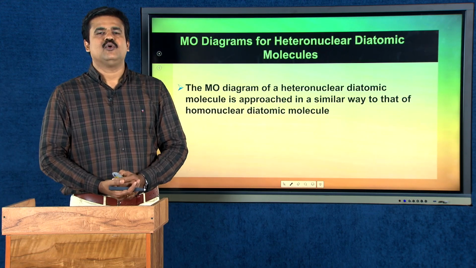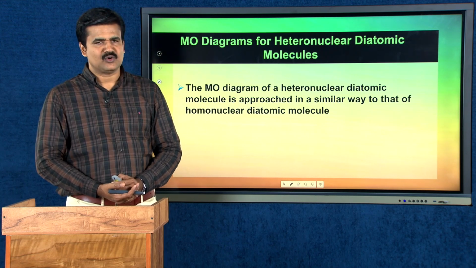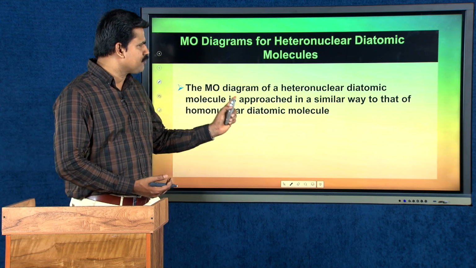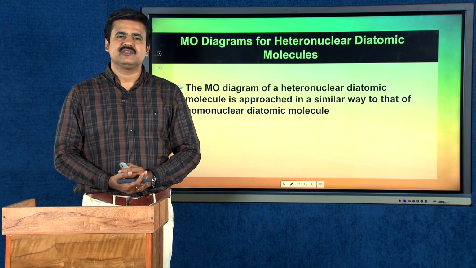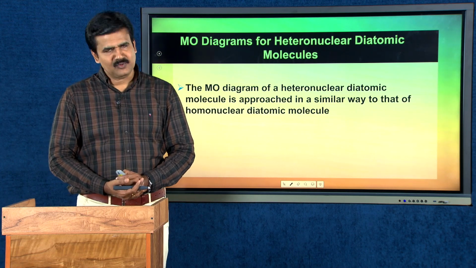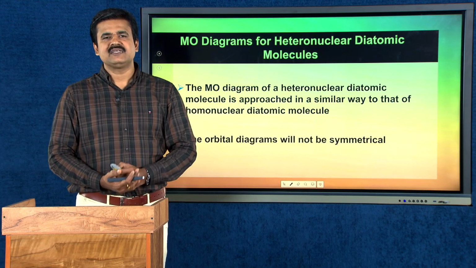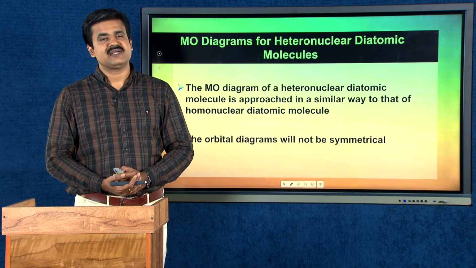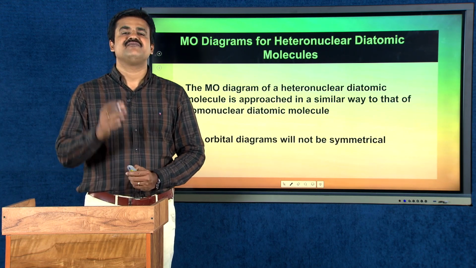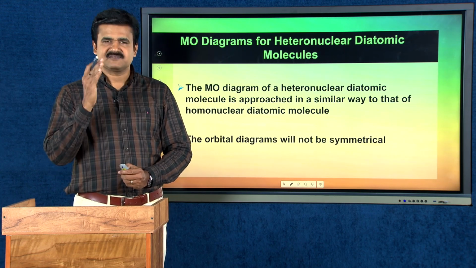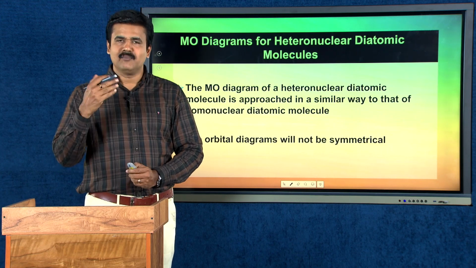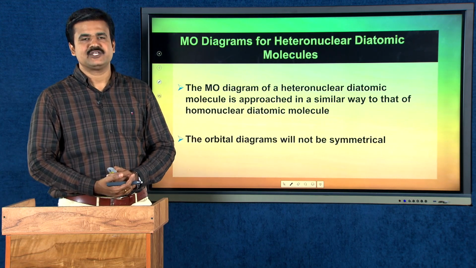The MO diagram of a heteronuclear diatomic molecule is approached in a similar way to that of homonuclear diatomic molecules. The orbital diagrams will not be symmetrical in this case. It is a very important point as far as we are discussing MO diagrams of heteronuclear diatomic molecules.